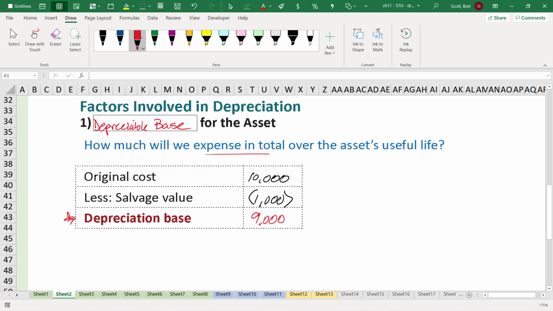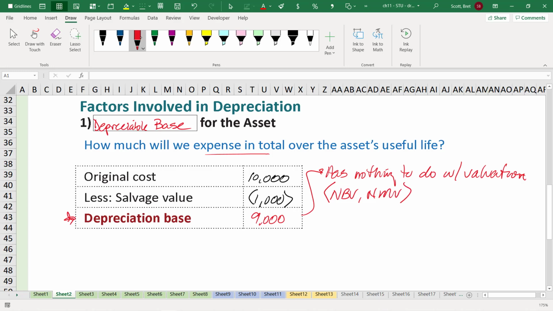Now, a couple points I want to bring up here about depreciable base. Depreciable base has nothing to do with valuation. When I say valuation, I mean net book value or net market value. It really has nothing to do with how we value the asset.